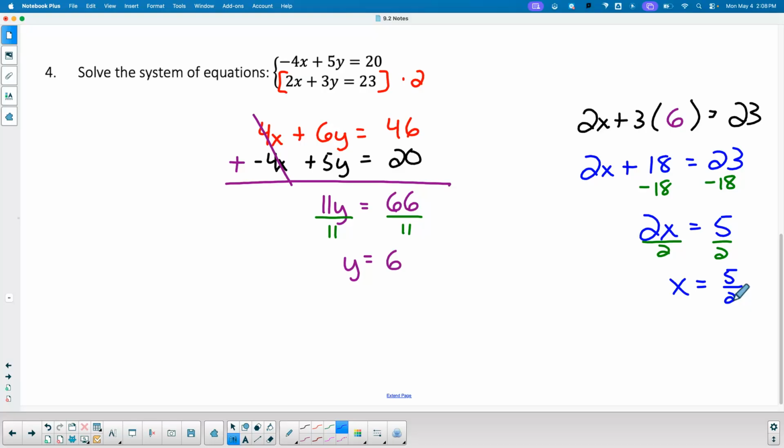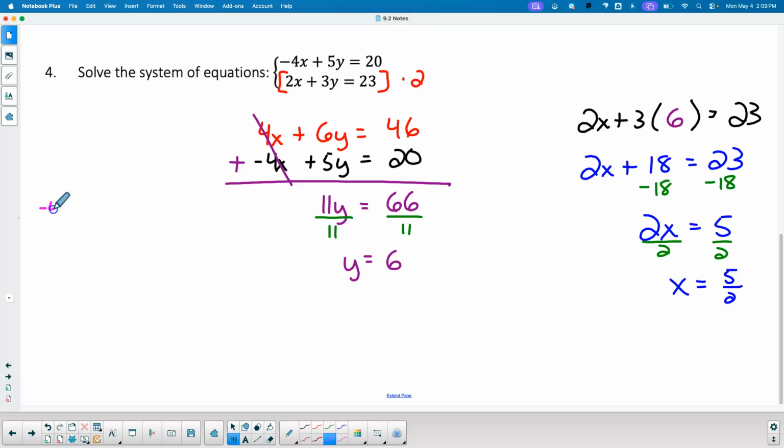Okay. What are we going to do now? I gotta plug x and y into both of my equations to make sure I'm right first. Okay? Because it makes sense to know that we're right first before we just blindly just throw stuff on the paper. Okay?